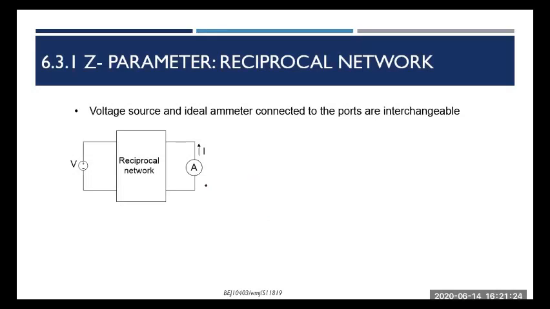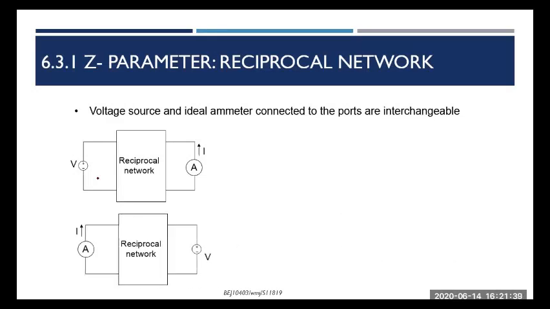Whether you put the current and voltage source at the output port or at the input port, there should be no difference in the ammeter reading and the voltage reading. The current at the output port should be similar to the current at the input port.